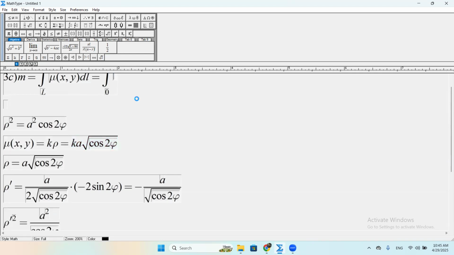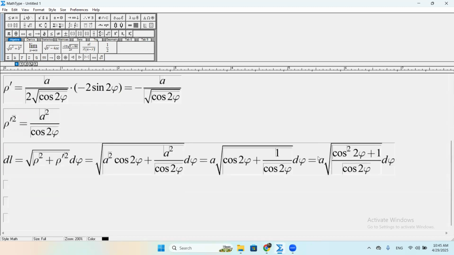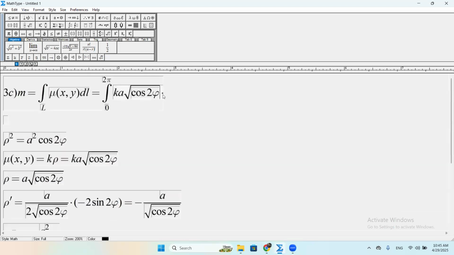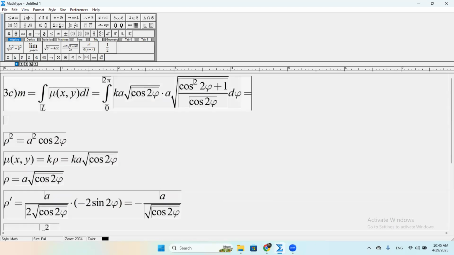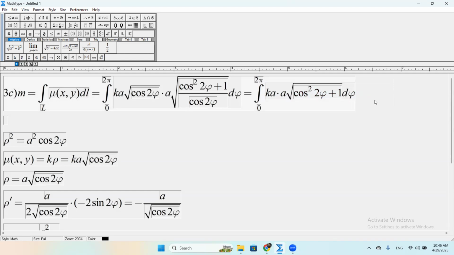Let's substitute this stuff and this. Then I suggested to modify. First of all, let's eliminate this cosine, the square root of cosine of 2 phi, and move constants out of the integral sign.